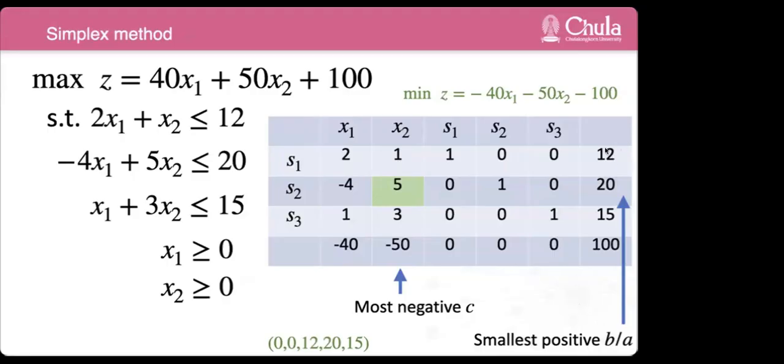So what to do? Find the b over a, b divided by a, with a in this column. The ratio of b and a must be positive, but smallest. We choose the smallest one.